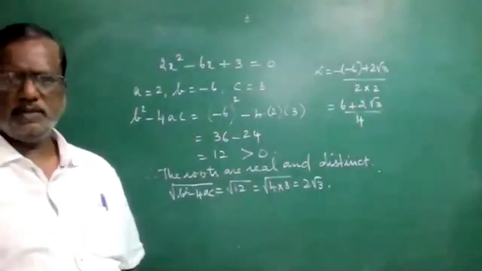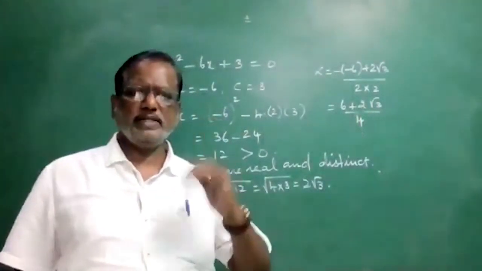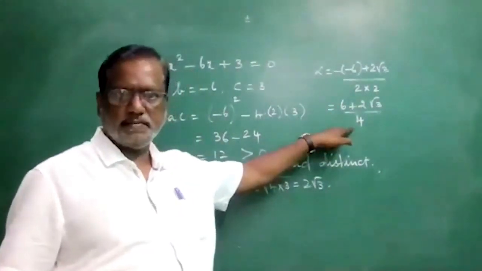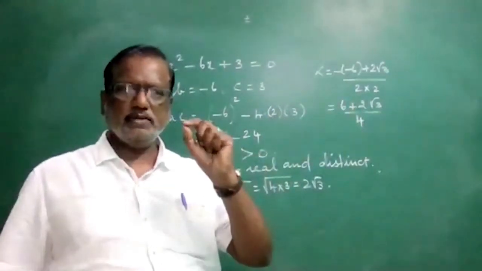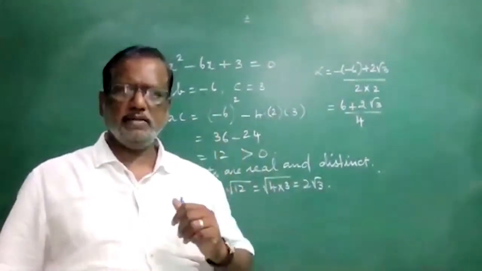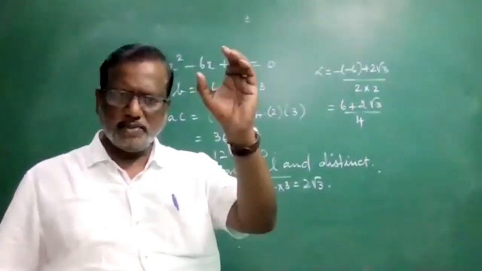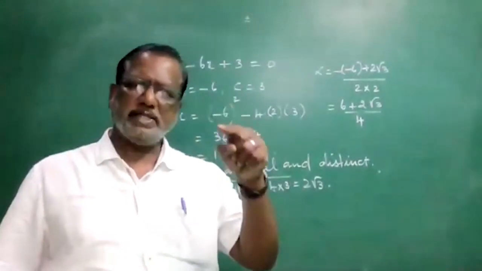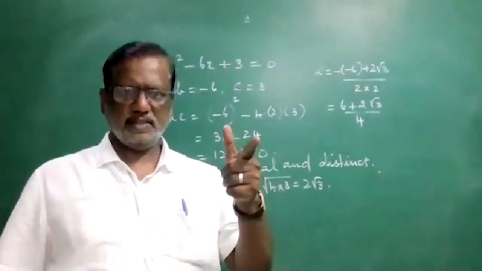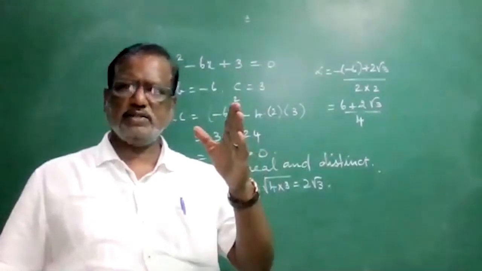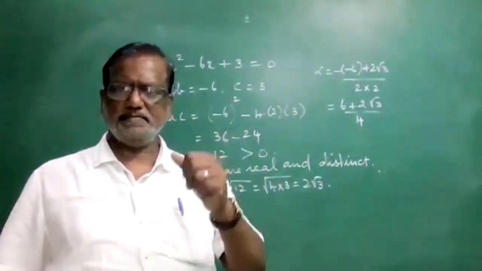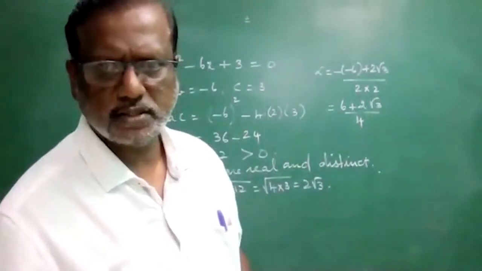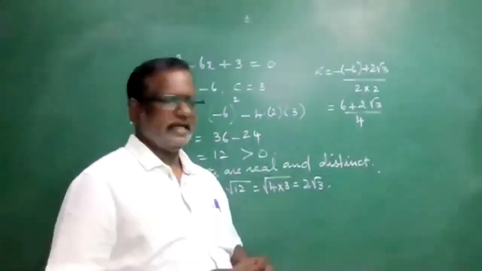Now listen, sometimes the children commit the mistake of cancelling 2 with the 4 like this. You can do the cancellation only when there is a single term in the numerator and a single term in the denominator, in the sense, if they are either multiplied or divided. If you have addition and subtraction, the cancellation should not be done, so be careful there.